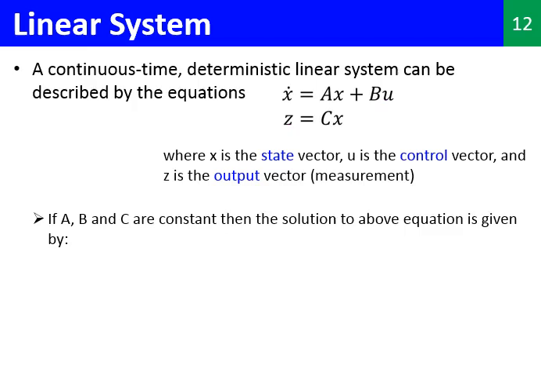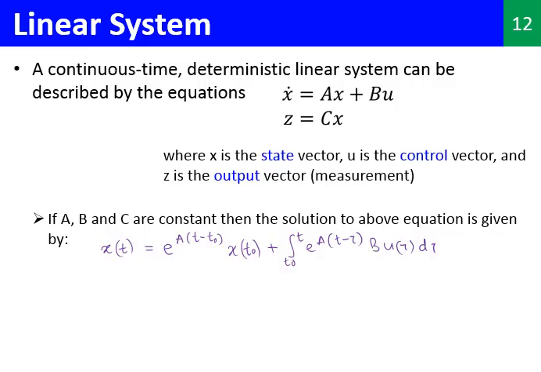If A, B, and C matrices are constant, then we can have a solution to the above equation given as x(t) equals e to the power A(t minus t naught) times x(t naught) plus the integral from t naught to t of e to the power A(t minus tau) B u(tau) d tau.